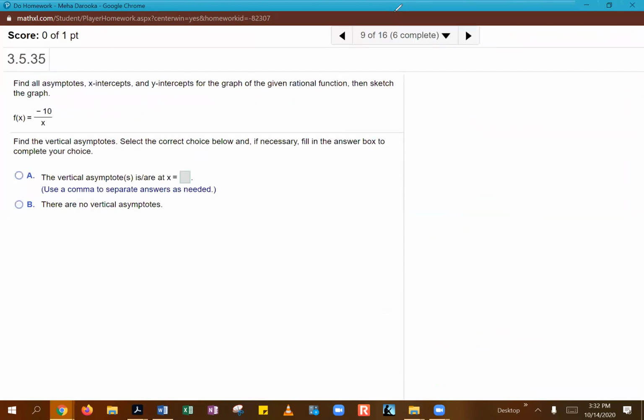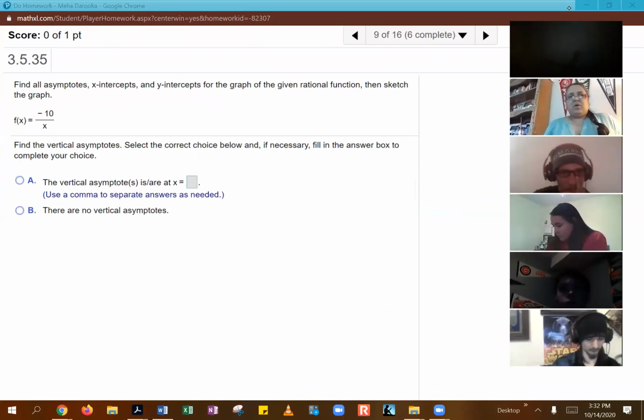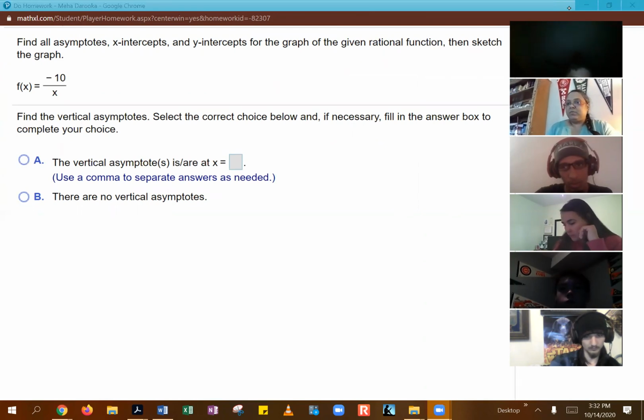Okay, while I'm making my way to that example, do you have any idea if you will have an oblique or horizontal asymptote here? Remember, only when the degree of the numerator is larger than the degree of the denominator do you get oblique.